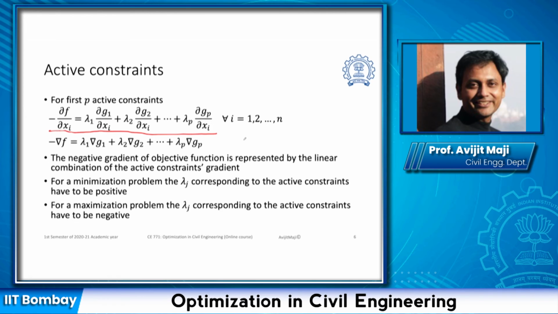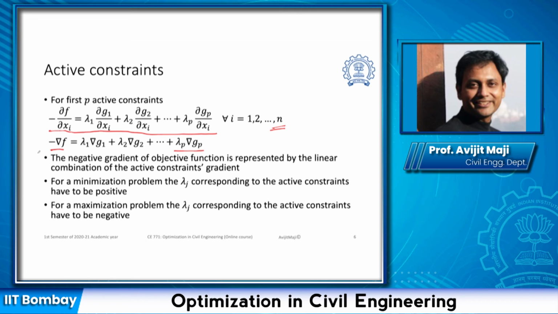So these are only the active constraints. The inactive constraints are not here, and this represents n number of equations. So in a generic form, we can say the negative gradient of f is equal to the Lagrange multiplier with the gradient of the first active constraint, the second Lagrange multiplier with the second active constraint, and so forth, for a total of p active constraints.